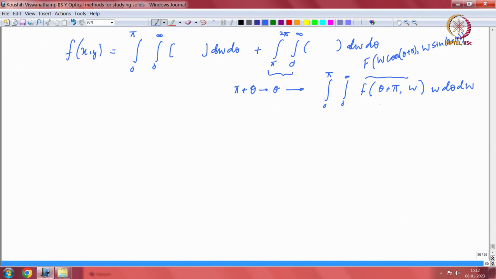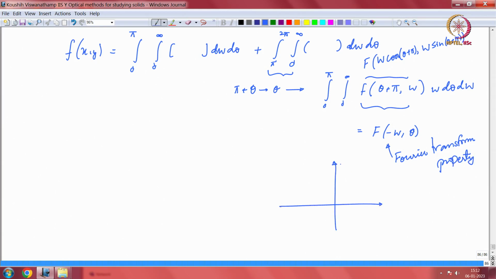Now, there is a property of the 2D Fourier transform that this is equal to F of minus w comma theta. Okay, this is a property of the Fourier transform. Which basically says if you go in the frequency domain and you use w as a directional variable, w in this direction is positive, w in this direction is negative.